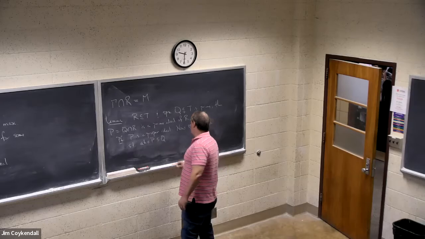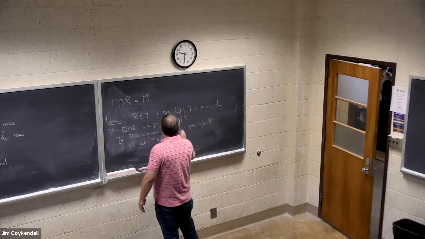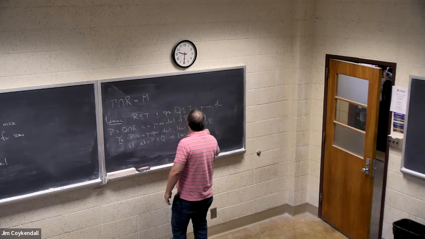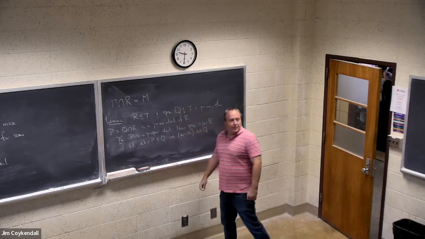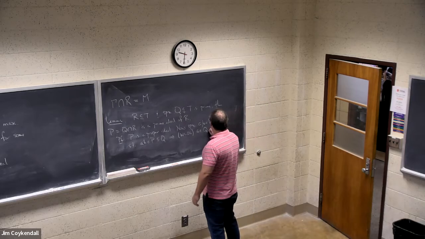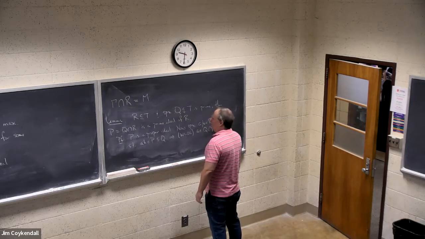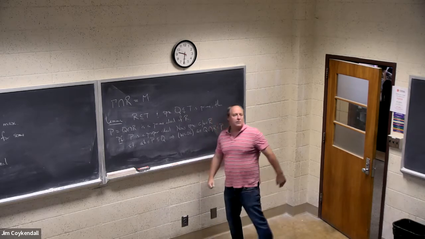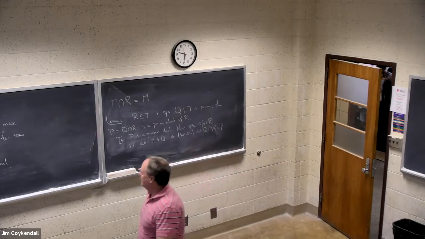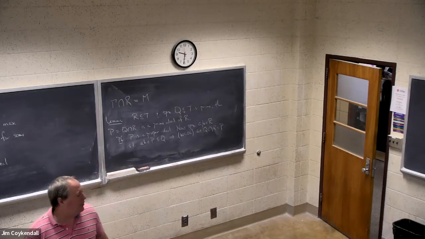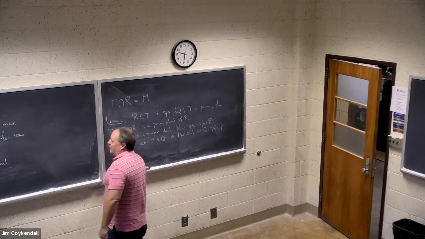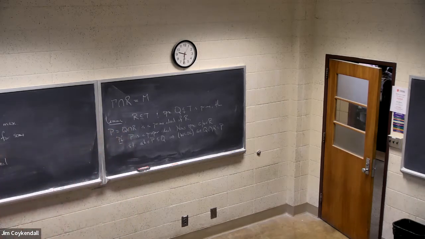So if AB is in Q, this implies, without loss of generality, that A is in Q. But now we have A is in Q and it's also in R, which is P. And there you go. So that's nice to know. So where are we right now? So we know that this intersection is a prime ideal.